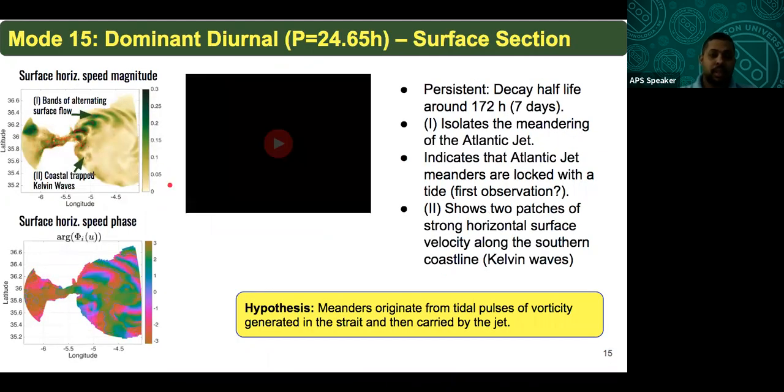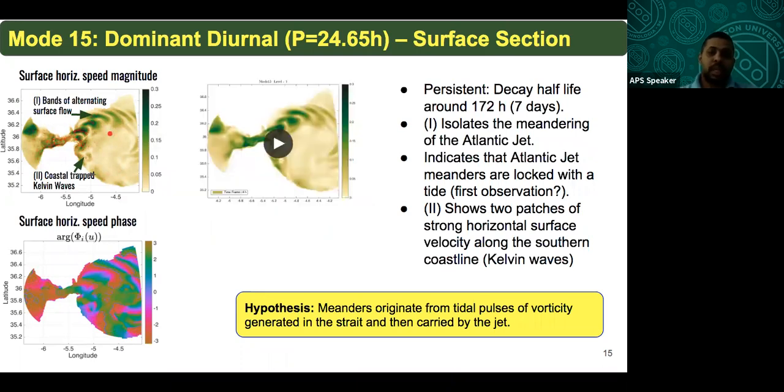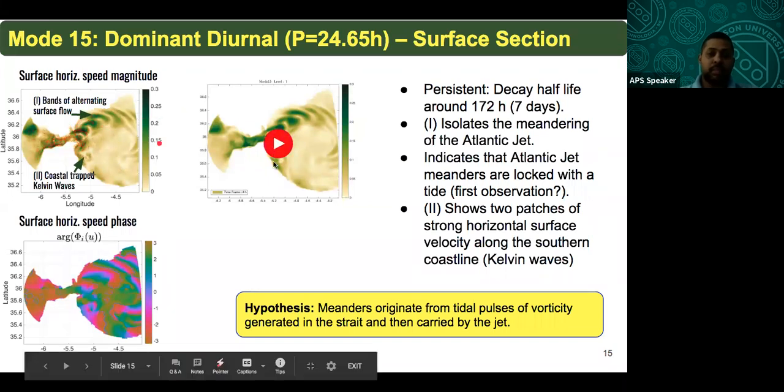Now, this is the most important mode that we found because it reveals a few interesting features. One interesting feature is this band of alternating bands in this surface plot.